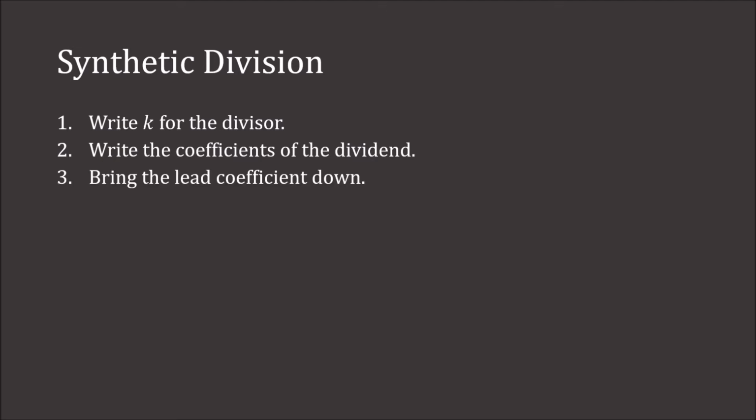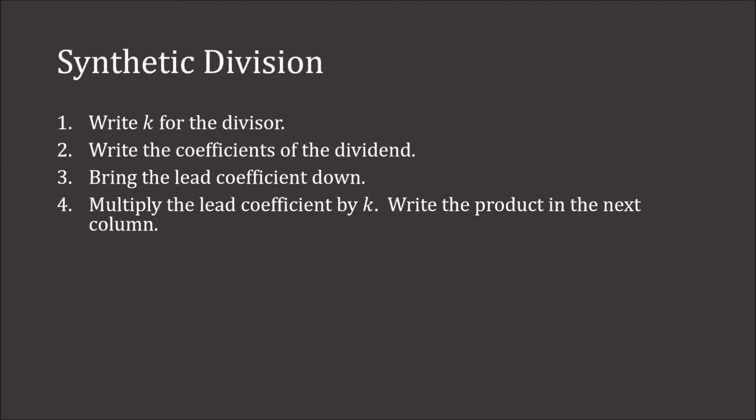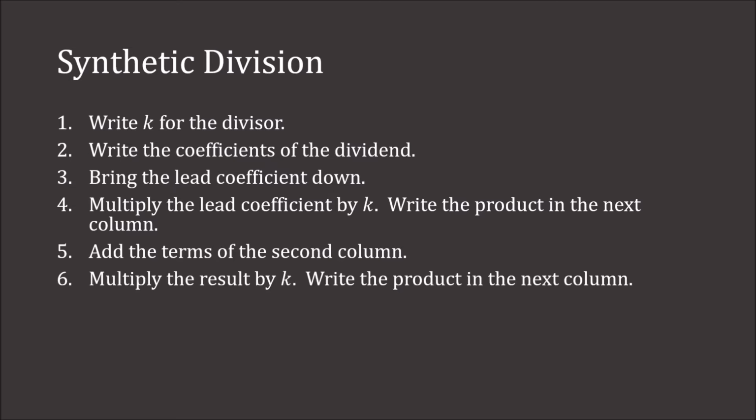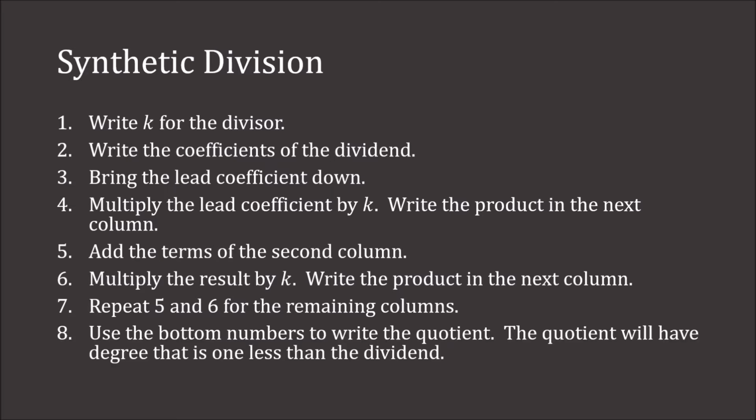Multiply the lead coefficient by k, write the product in the next column, add the terms of the second column, multiply the result by k, write the product in the next column, repeat 5 and 6 for the remaining columns, and then use the bottom numbers to write the quotient. The quotient will have a degree that is 1 less than the dividend. And again, we're going to use the next couple examples to illustrate synthetic division.